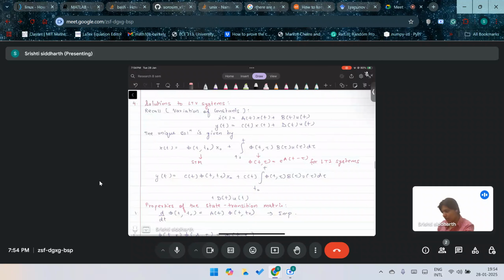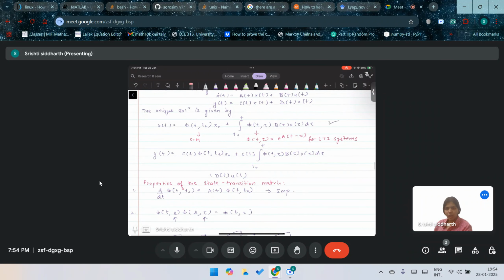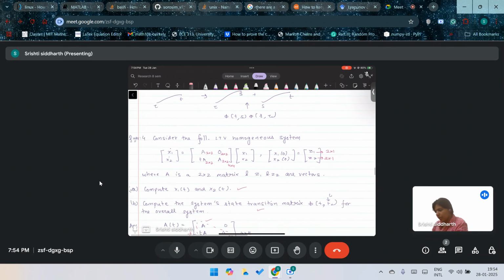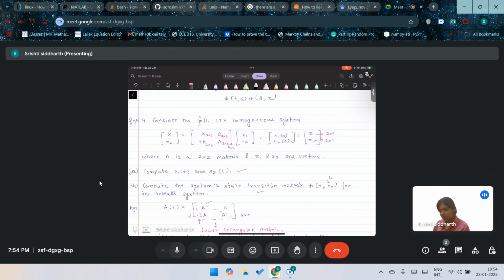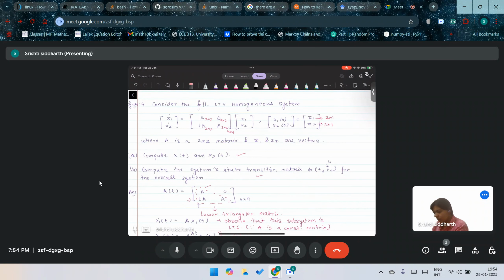Then finally we looked at solutions to the LTV systems. So the solution is given by the variation of constants formula, which is this, where phi t comma t naught is a state transition matrix with some properties. So these are the two properties, and this is very important. Okay. So then we looked at a LTV homogeneous system, in which case we found out that the time varying state matrix has an interesting form.